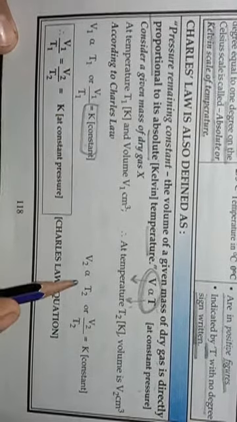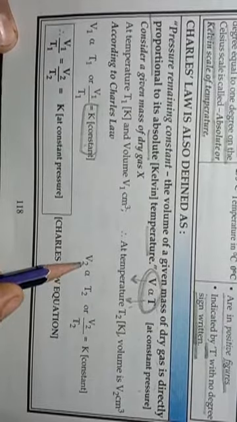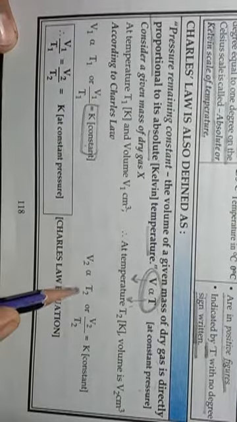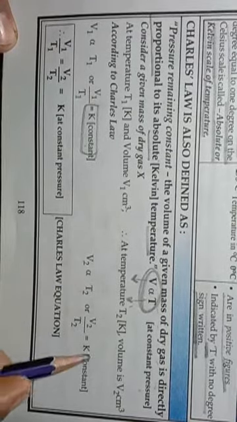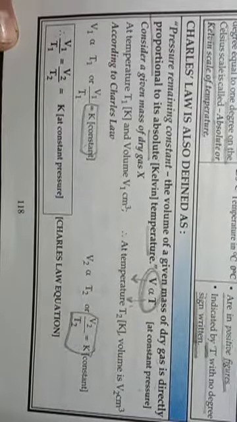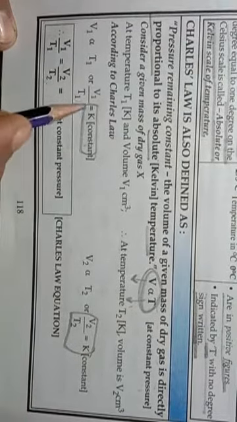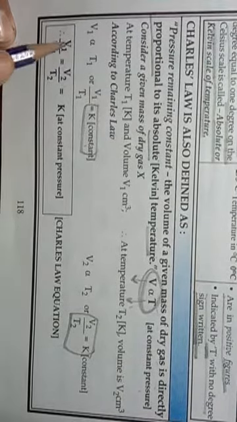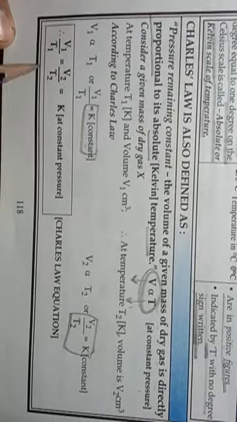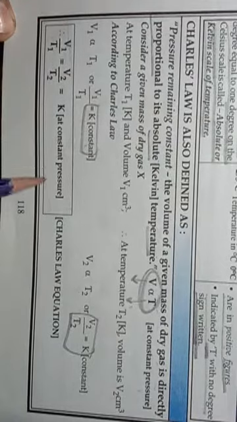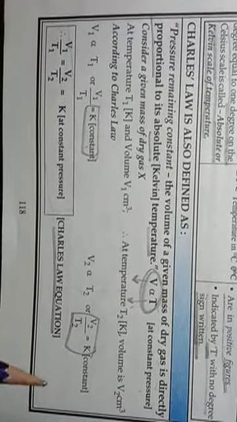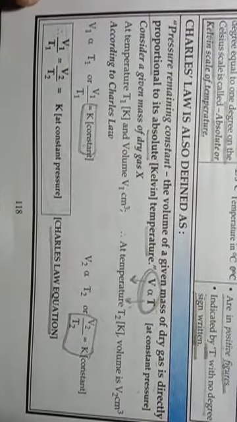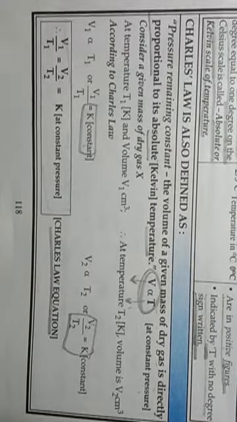In the same way, at volume V2 the temperature will be T2, so the relation becomes V2 upon T2 equals K. Now K and K are both the same gas constant. That is why V1 upon T1 will be equal to V2 upon T2. This relation is known as Charles' law equation, or simply Charles' equation. Okay.